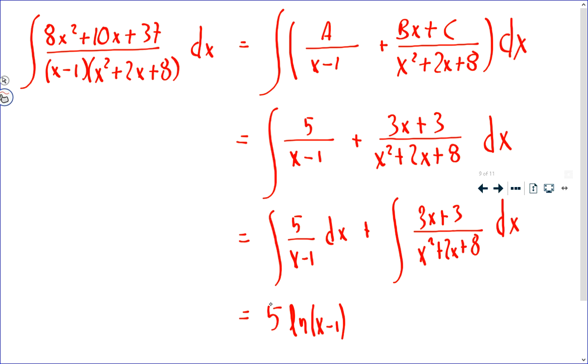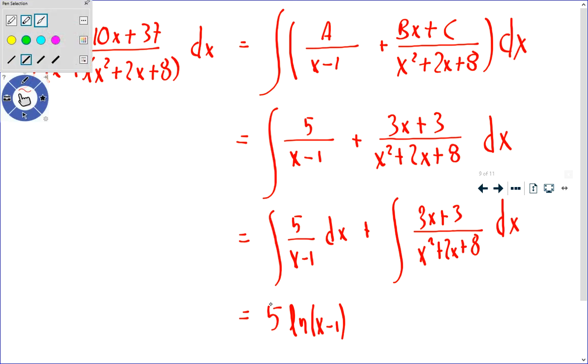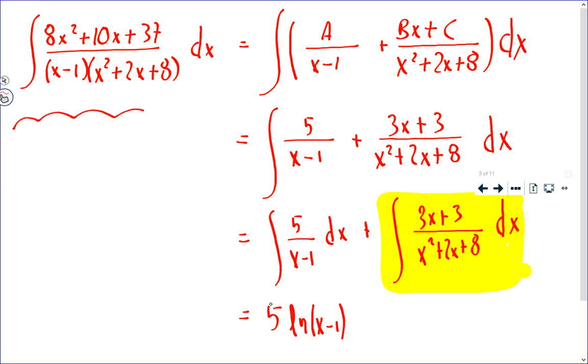If for that integral, let me highlight the integral so that you're absolutely clear on what it is I'm talking about. If for this integral I choose u equals what's in the denominator, so I'm just going to use this white space here to integrate that highlighted integral.